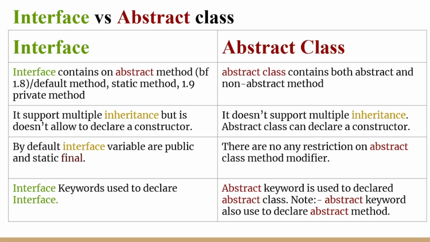Now let's do the comparison. An interface contains abstract methods, and it can have a default method or a static method. An abstract class contains both abstract and non-abstract methods. An interface supports multiple inheritance, but an abstract class doesn't support multiple inheritance.